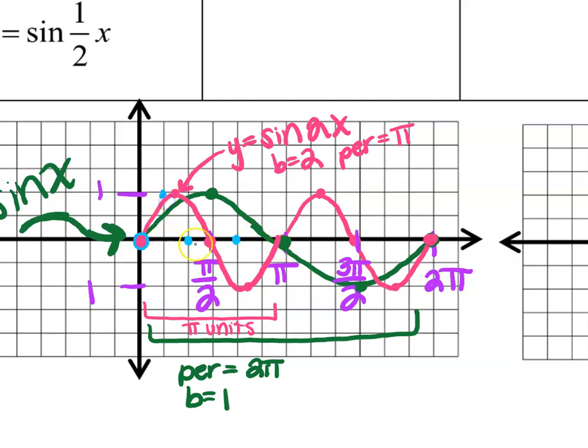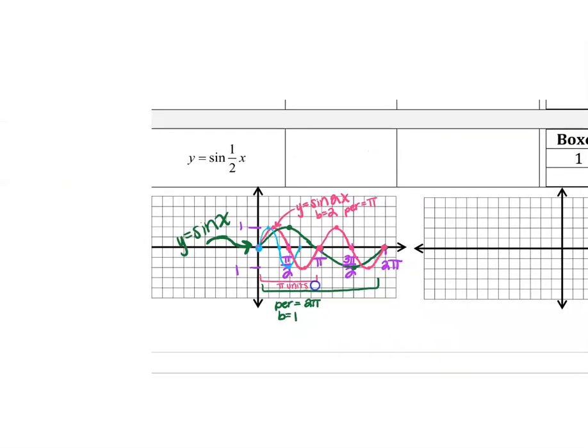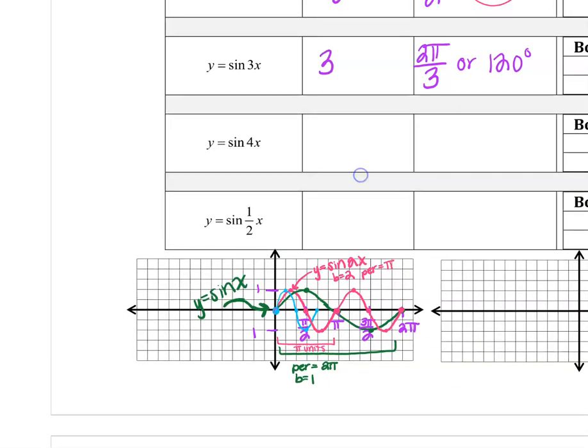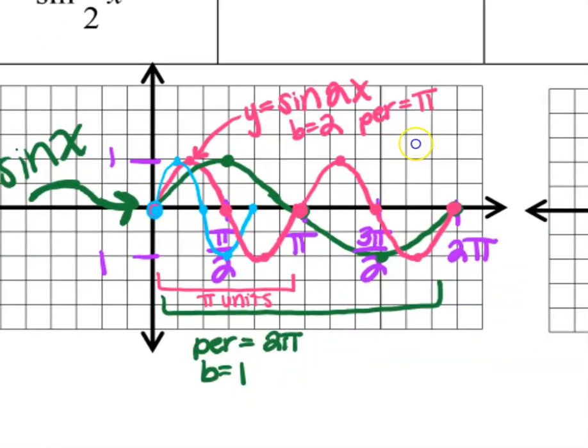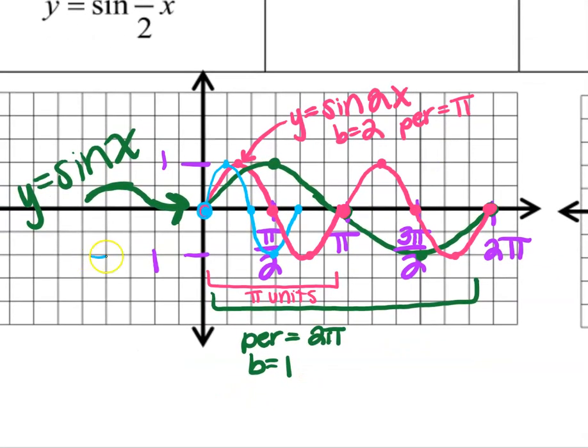Halfway, I'm up at 1. Halfway, I'm down at -1. And there you go. And if I were to continue that pattern, guys, you would see a total of 3 of those curves because it's y equals sine of 3x. So I'll add a little label again.